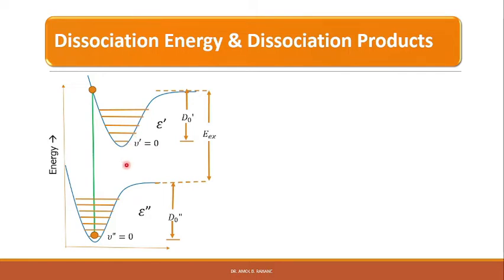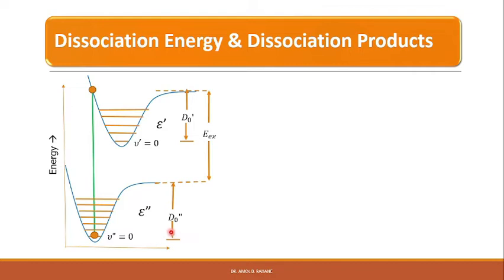Now, corresponding to each electronic energy level, we have the dissociation energies, and they are denoted by D0 double prime and D0 prime, calculated from nu double prime equal to 0 and nu prime equal to 0. The dashed lines indicate the dissociation energy from the normal and excited states into atoms.